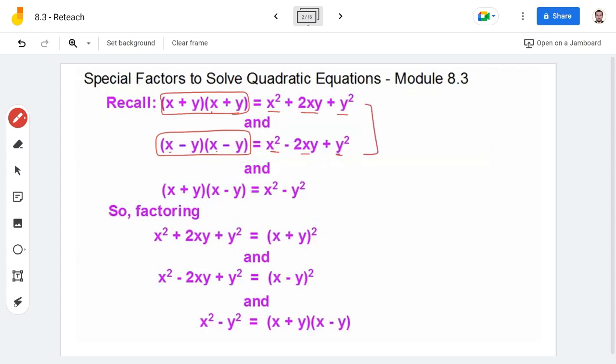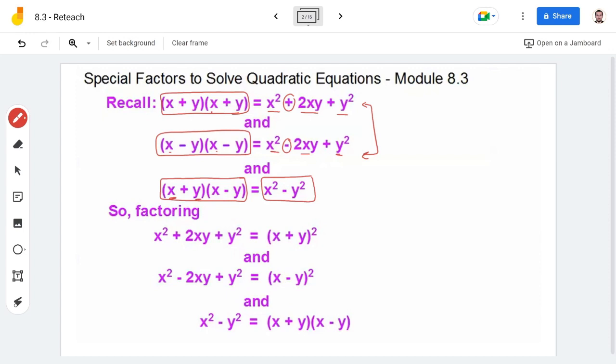It's similar to this one, except the first sign here is positive and here it is negative. Now, if we have x plus y and x minus y, with different signs in both brackets, I will write the answer as x squared minus y squared.